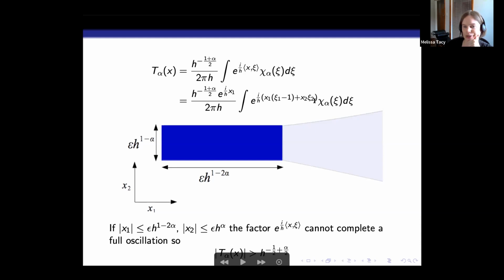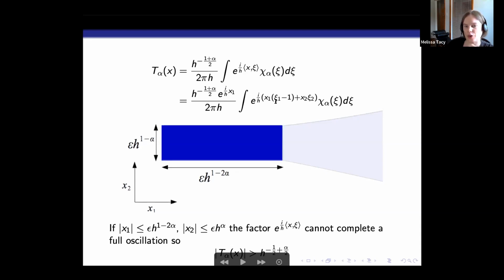So xi2 is smaller than h to the alpha. Therefore, if I make x2 less than epsilon h to the 1 minus alpha, then the product of the two will be less than order h. And so I won't get to do 1 cycle of my periodic function.